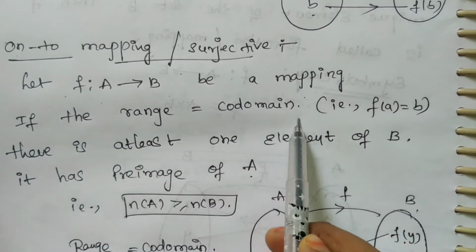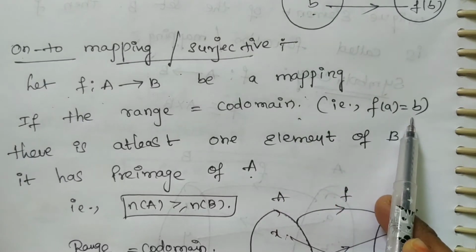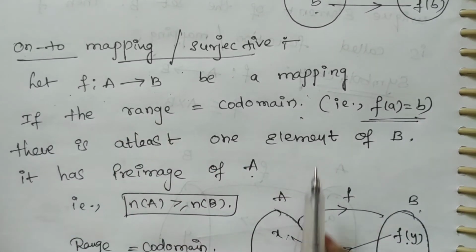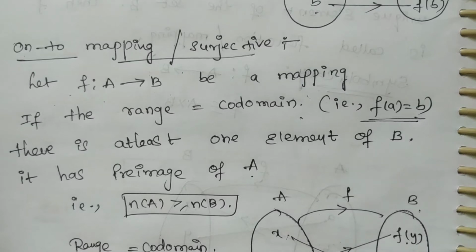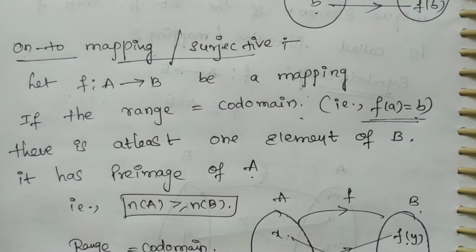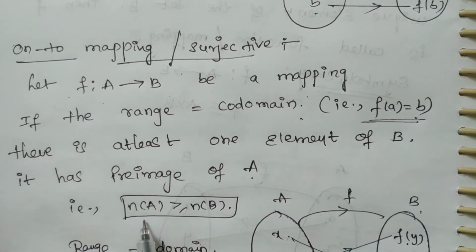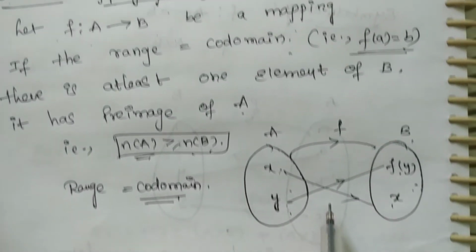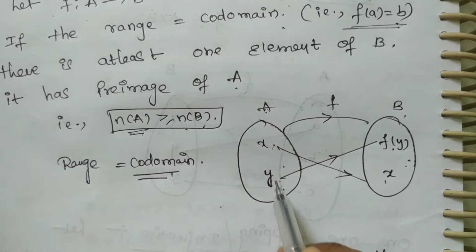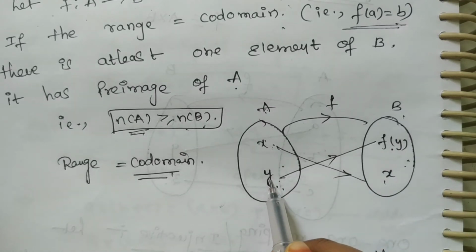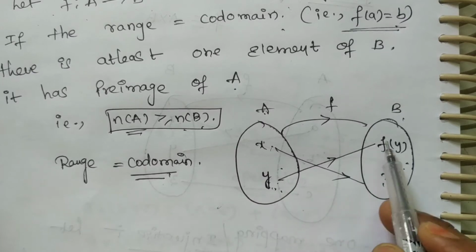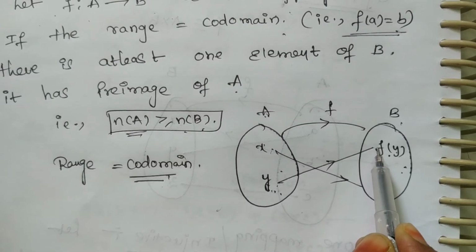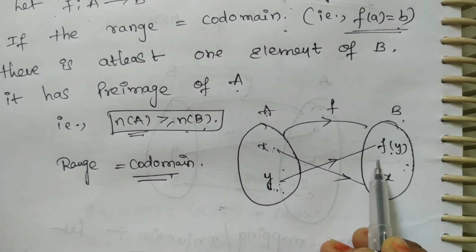If the range equals the codomain, that is f of A equals B, then the definition of onto mapping is that every element of B has at least one pre-image in A. In onto mapping, the number of elements of A is greater than or equal to the number of elements of B. Symbolically, here f is a mapping from A to B, where x and y are elements, and the pre-image of an element of B is such that y is connected to f of y. So this is known as onto mapping.